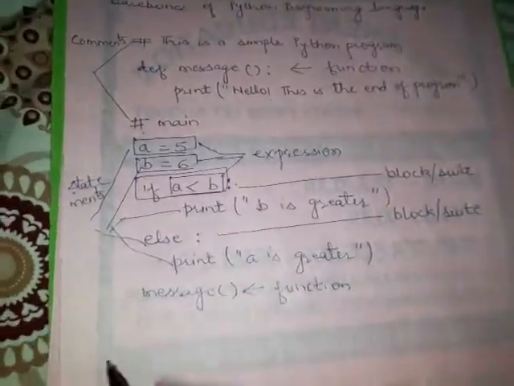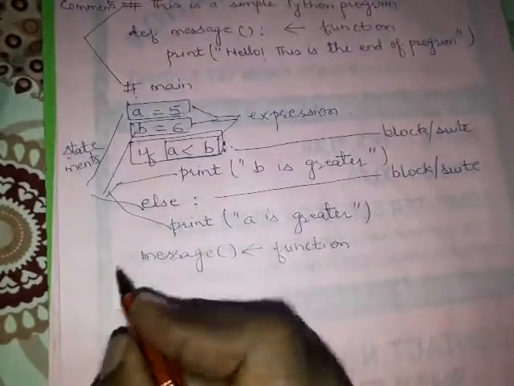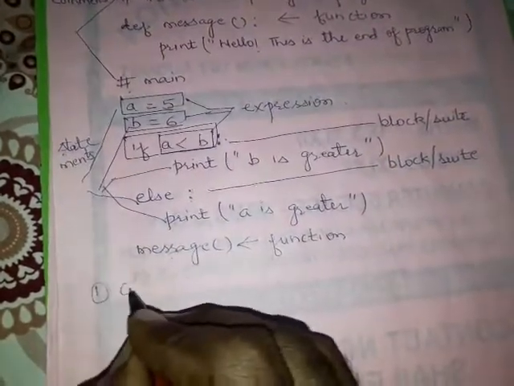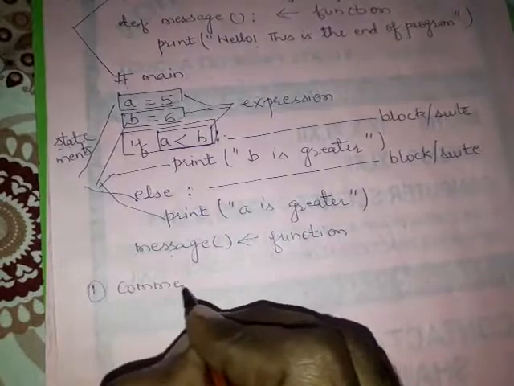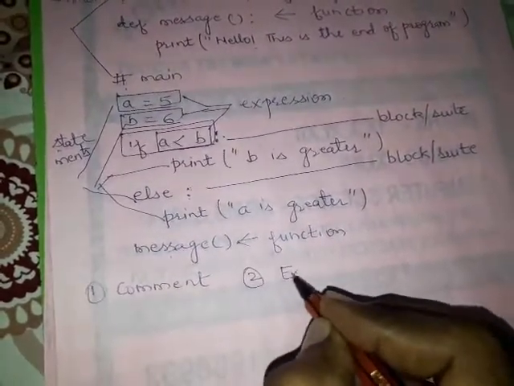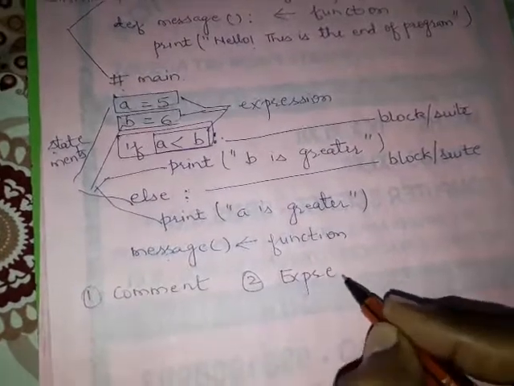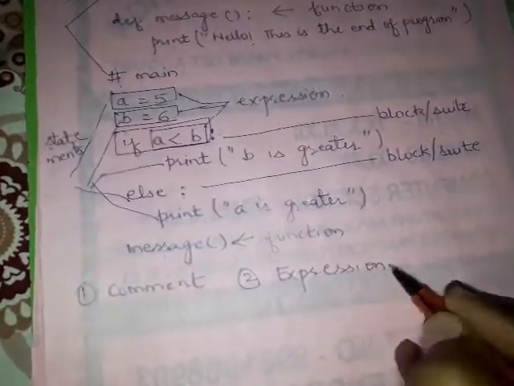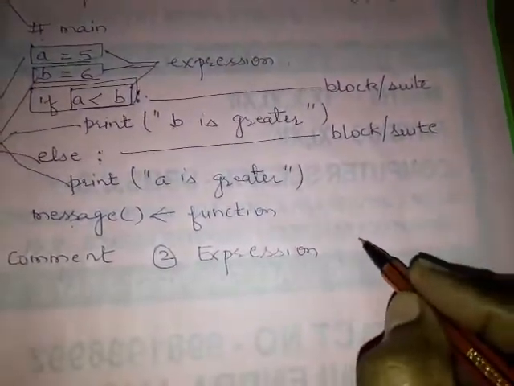So our program will contain different parts. First one is comment. Second one is called expression. Third one is called function.